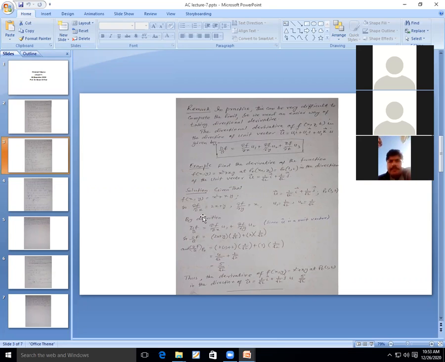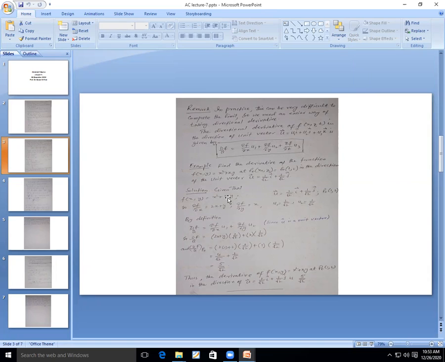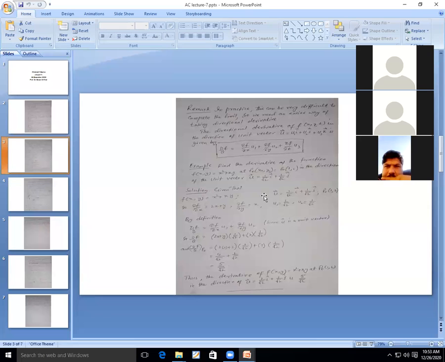And we differentiate this f with respect to x. We keep this y as constant. So the partial derivative with respect to x will be 2x plus y, which is constant. So take this y outside and differentiate x with respect to x, which is 1. So you get that the partial derivative of f with respect to x is 2x plus y.